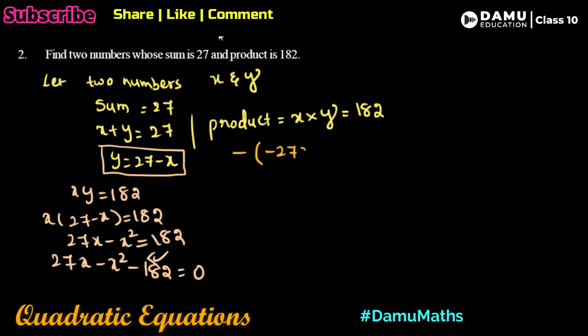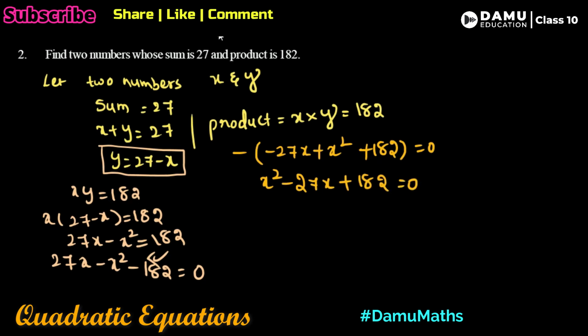Minus 27x plus x square plus 182 will be equal to 0. So we can write it as x square minus 27x plus 182 equals 0.